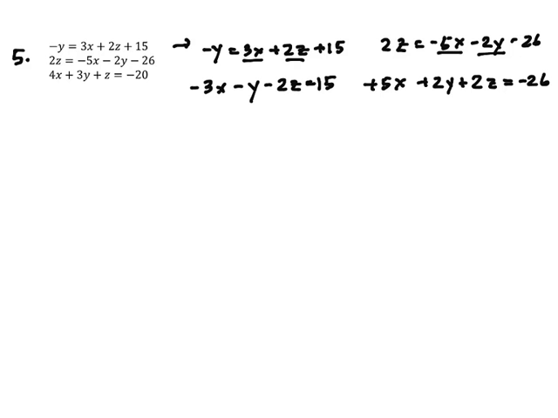Okay, so let's go ahead and write that underneath it. So I have 5x plus 2y plus 2z equals negative 26. The third equation is already in standard form, so I'm just going to rewrite it.